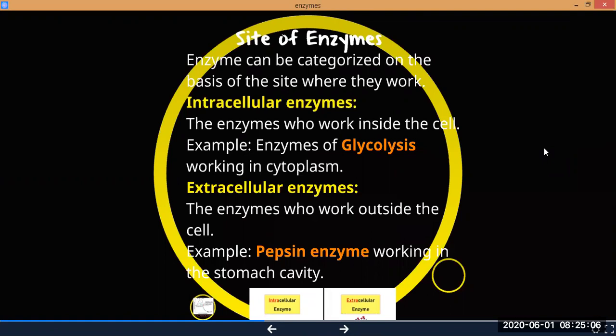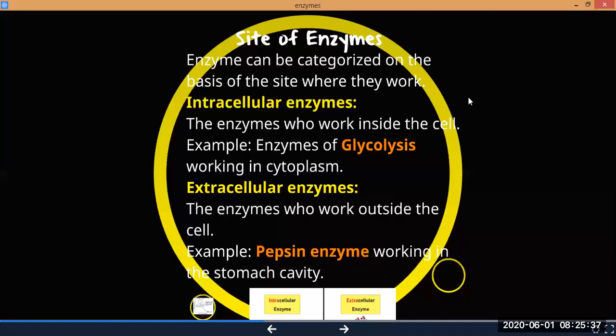So there are enzymes that work inside the cell. For example, the enzymes of glycolysis working in cytoplasm. I have told you about glycolysis before. It is one of the steps of respiration. We have discussed in mitochondria that glycolysis of respiration occurs in cytoplasm, while Krebs cycle and electron transport chain occur in mitochondria.